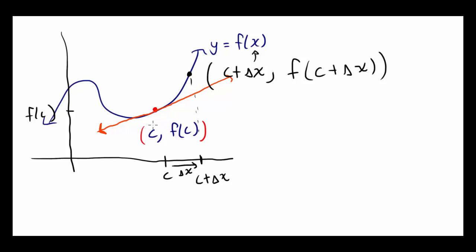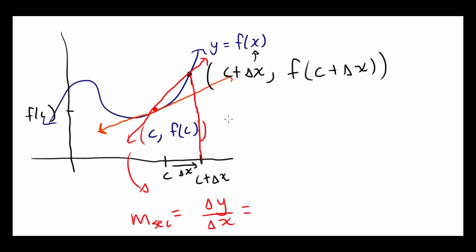Now, what's going to be the slope of this secant line? Well, the slope of the secant line is going to be delta y, the change in y, over delta x. How much have we changed in y? Well, this distance is going to be f of c plus delta x, and this distance is going to be f of c.